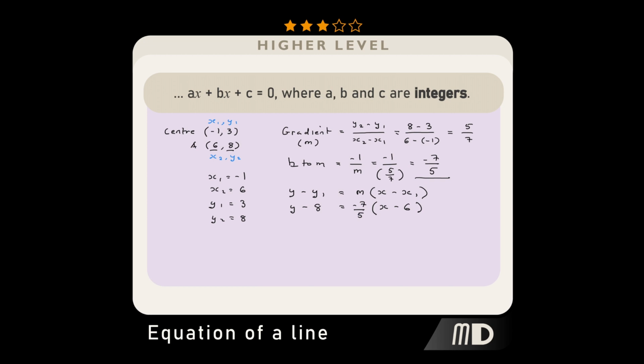Multiplying both sides by 5 eliminates the fraction on the right side of the equation, giving us 5y minus 40 equal to minus 7 multiplied by x minus 6. And expanding the bracket gives us minus 7x plus 42.